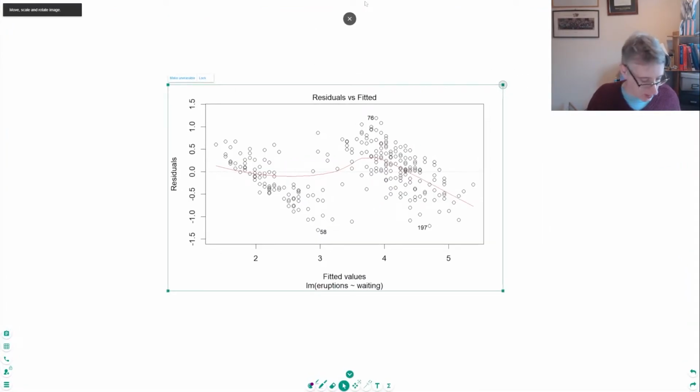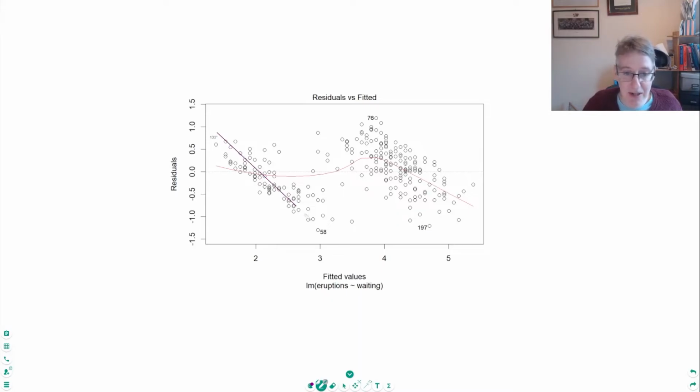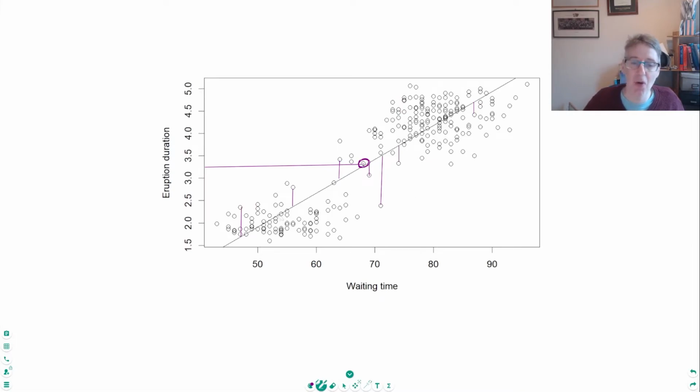So if we look at this residual plot, we can see that, hey, look, there's a pattern. There's two very clear sets of slopes here, and this kind of corresponds to our original plot. These residuals are too high and these residuals are too low, and the pattern changes as the waiting time goes up, and again here.